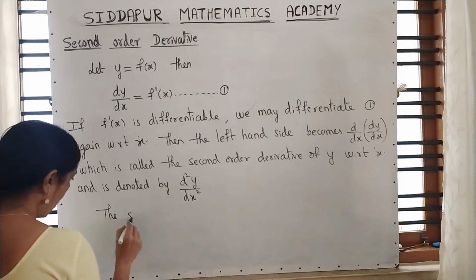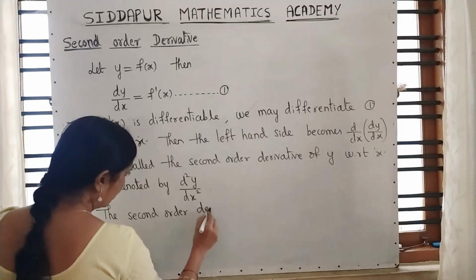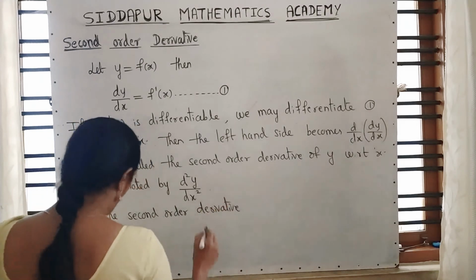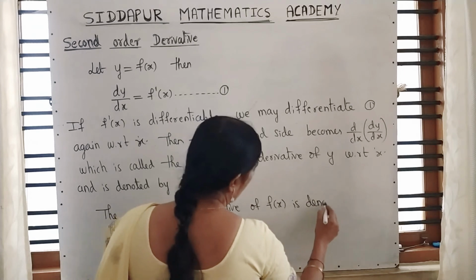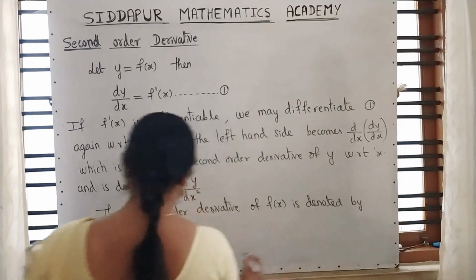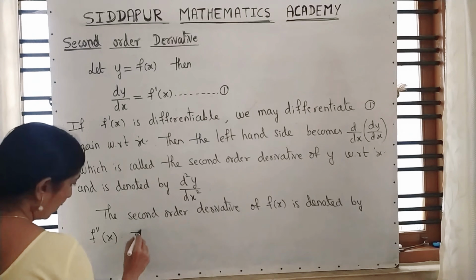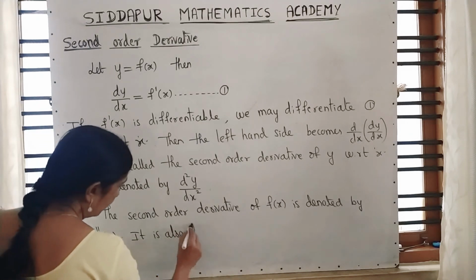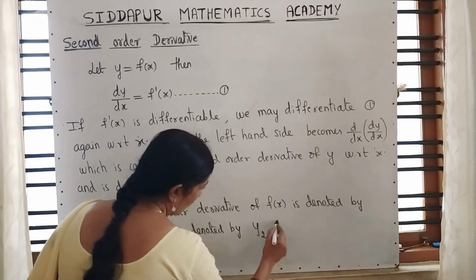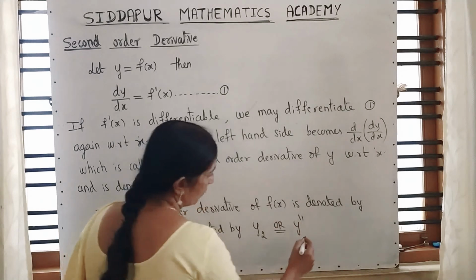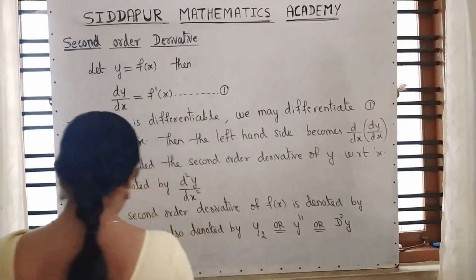Remember, the second order derivative of f of x is denoted by f double dash of x, or it is also denoted by y2 or y double dash or capital D square y.